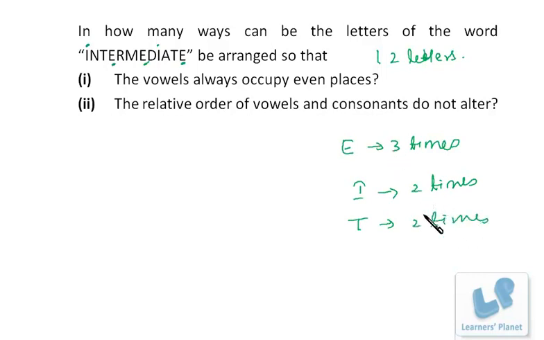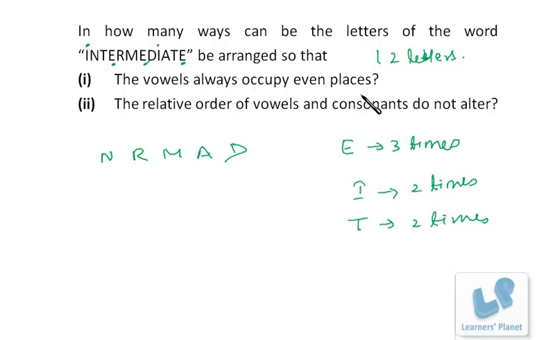Now we are left with N, R, M, A, and D. So these 5 letters occur one time each, and the other letters occur 3, 2 and 2 times. Now we have to take the first case.